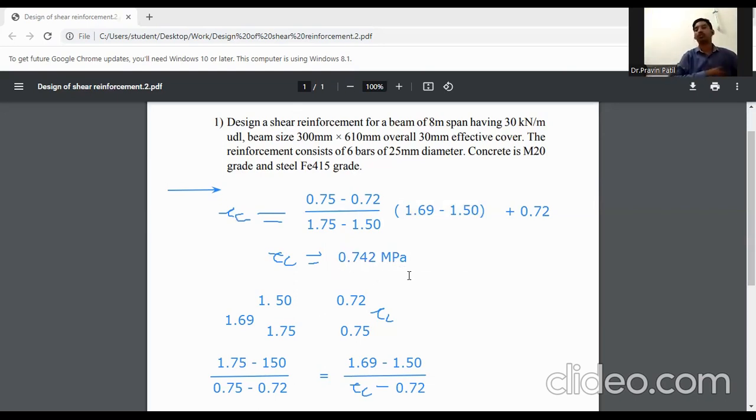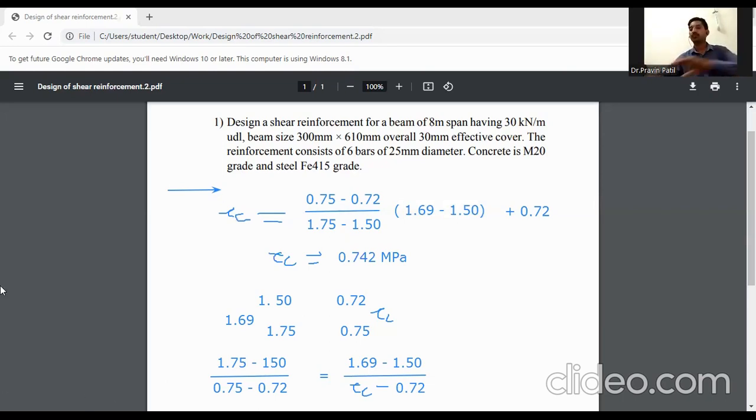I will note down this value also: tau c is equal to 0.742 MPa.